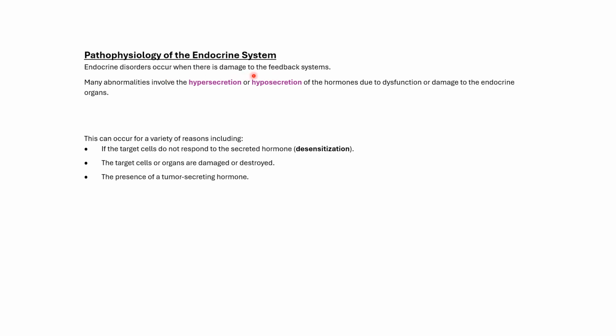If there is damage to the feedback system, we can get abnormal amounts of hormones. This damage can result in hypersecretion or hyposecretion. Sometimes there can be a problem with the gland itself, and it can secrete too much or too little hormone. Both of these conditions are considered diseases and pathologies.